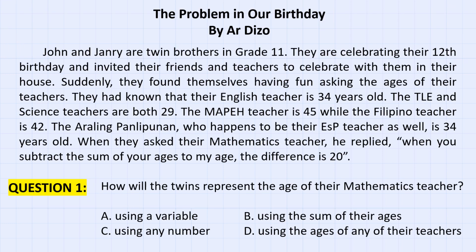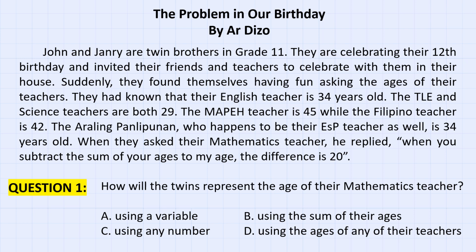Let's have another problem, but this time, this problem is titled The Problem in Our Birthday by R. Dizo. John and Janri are twin brothers in grade 11. They are celebrating their 12th birthday and invited their friends and teachers to celebrate with them in their house.